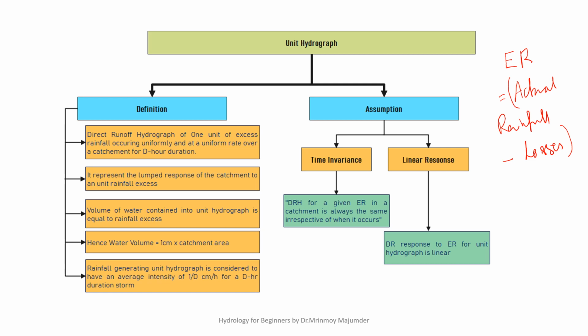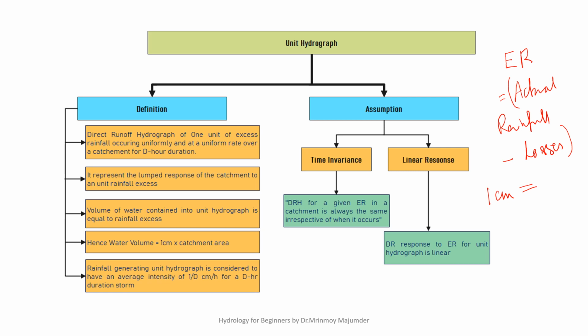Suppose there is a 1 centimeter excess rainfall ER, then what would be the resultant direct runoff hydrograph? Here also, direct runoff means total runoff or actual runoff minus initial losses. So that is what they are trying to represent with the help of unit hydrograph.